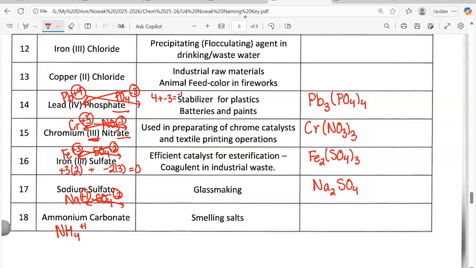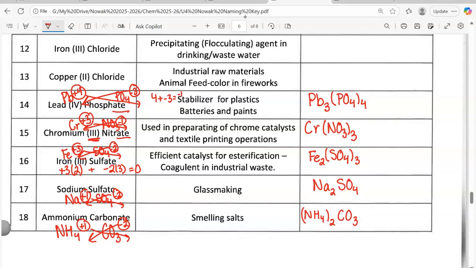Carbonate is CO3 -2. We're going to crisscross this here. So then I have NH4, I need 2 of them, so I'm going to put that in parentheses. And then CO3, I just have 1 for my subscript, so I'm going to leave it as is.